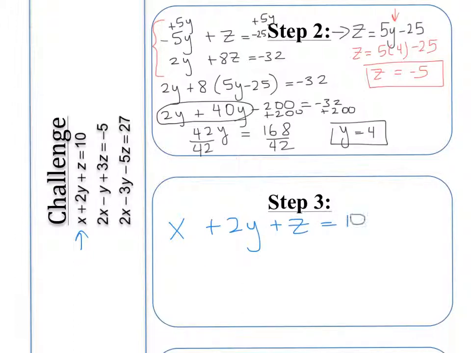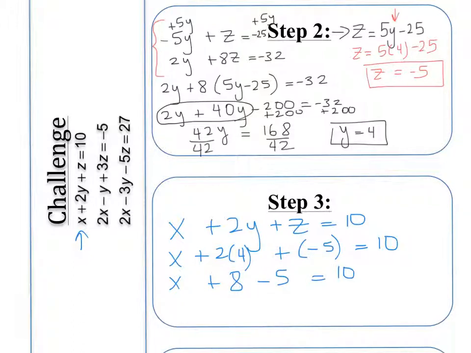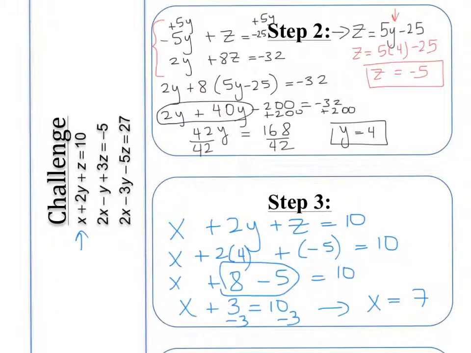So I just found y to be 4, I'm going to plug it in. I just found z to be negative 5, I'm also going to plug it in, and I'm going to find x. 2 times 4 is an 8, minus 5 is equal to 10. 8 minus 5, that's going to be 3, so x plus 3 equals 10. I'm going to subtract 3 from both sides to get x, so x is equal to 7. So I just found all three variables.